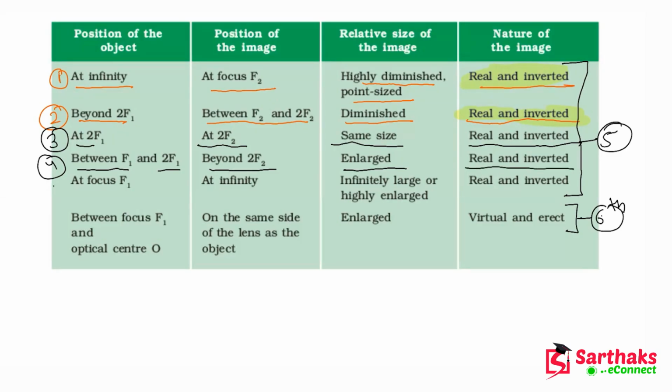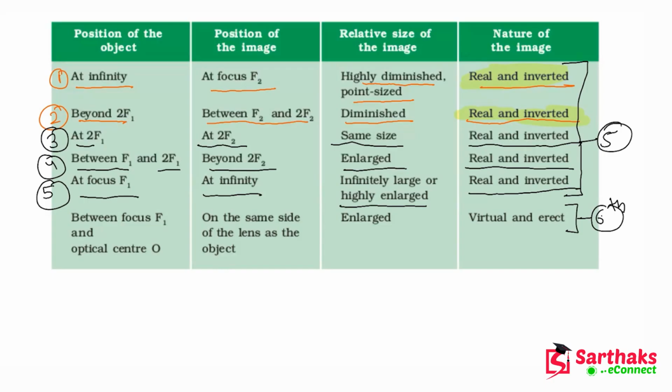Now, the case number 5th was when we had placed the object at focus f1. In this case, our image was being formed at infinity, and the size of the image was highly enlarged, and the nature was real and inverted.